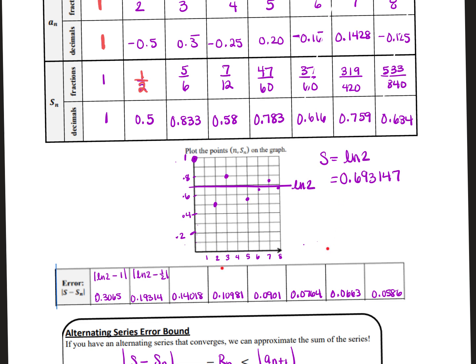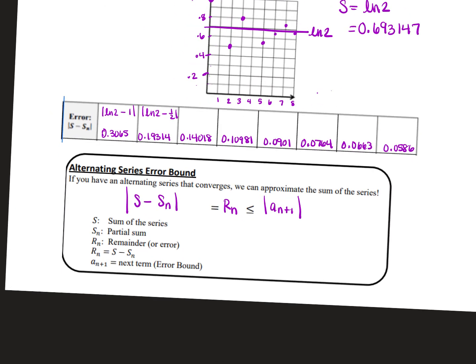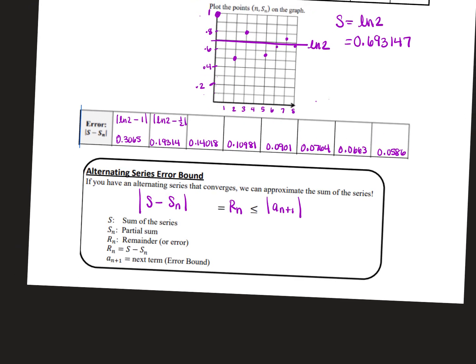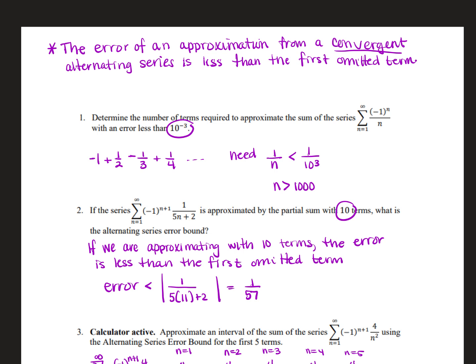Now, in general, for an alternating series, the error is less than the first omitted term, or the remainder. If you think about that, let's write out a simple little sequence: 1 minus 1/2 plus 1/3 minus 1/4 plus 1/5.